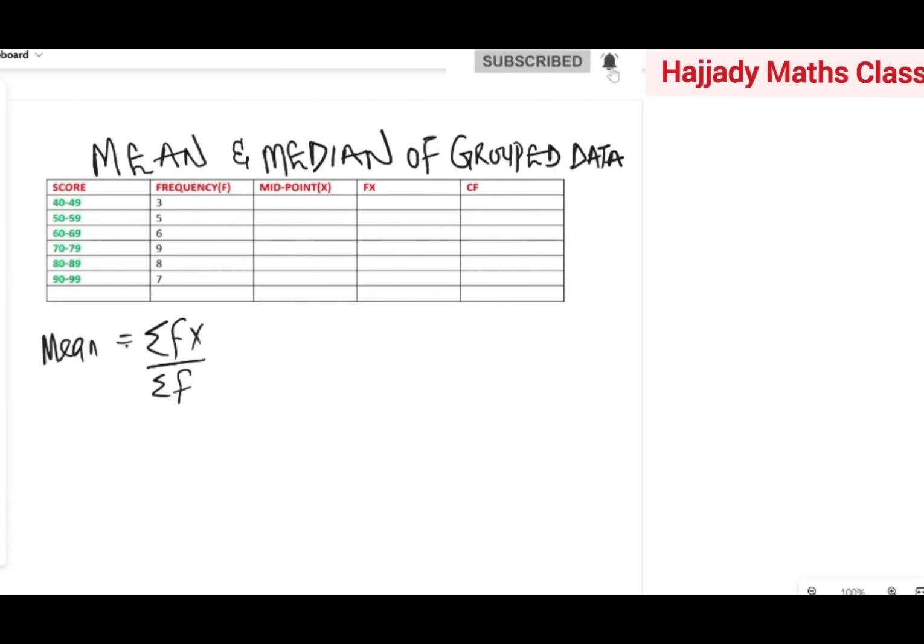This means the summation of the product of the frequency and the midpoint x, which is fx, divided by the summation of the frequency.